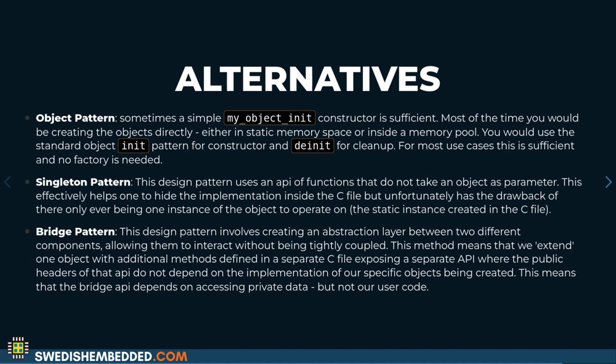But the main problem here to understand is that if we go with the object pattern, we don't get the polymorphism that we get with the factory pattern. We cannot easily change the APIs of those objects. We cannot easily even change the data structure layout, because that would require complete recompilation.